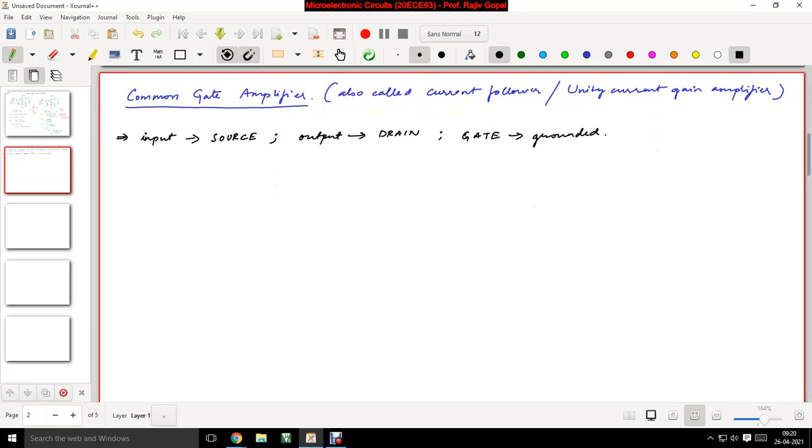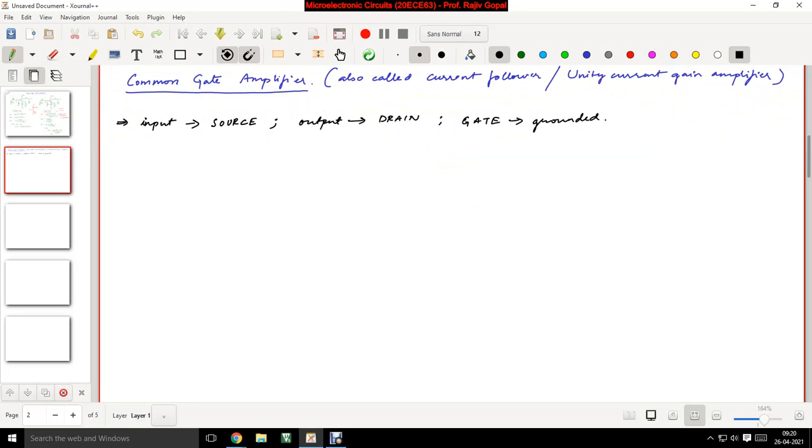To draw the circuit diagram, first the gate terminal, this is grounded, then this is my input. To this I give my input source V signal, grounded, with R signal, then a coupling capacitor CC1 which goes to the source.